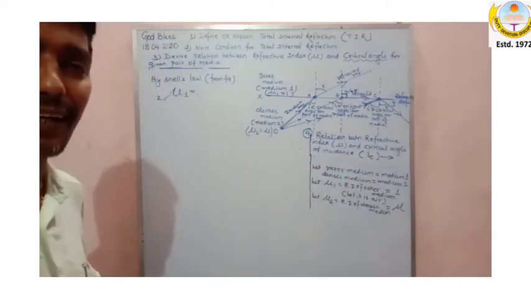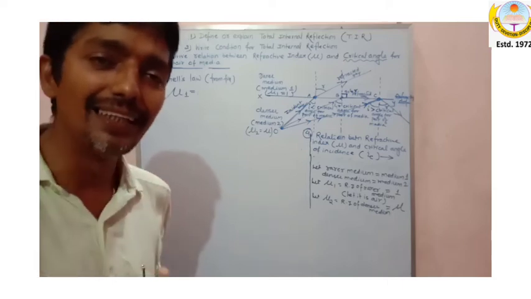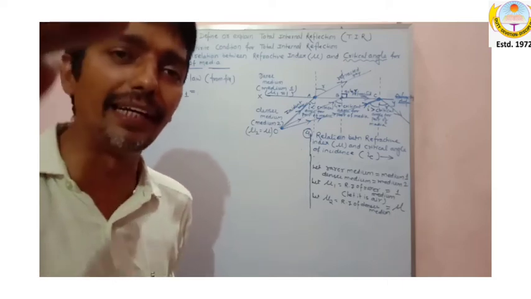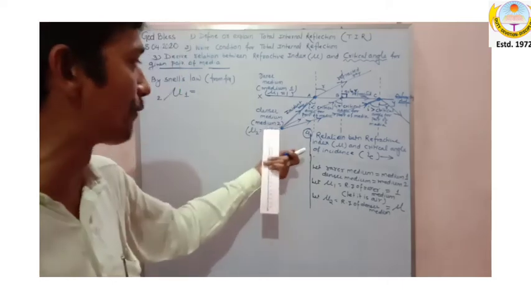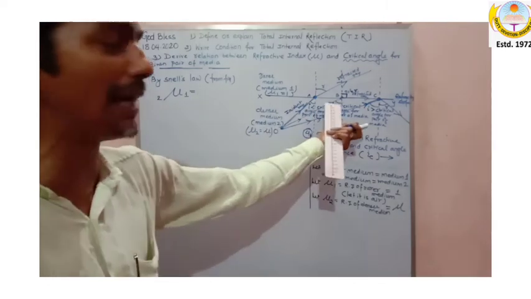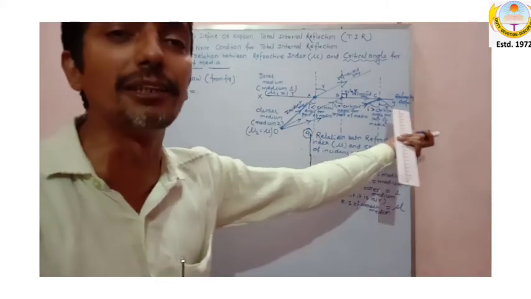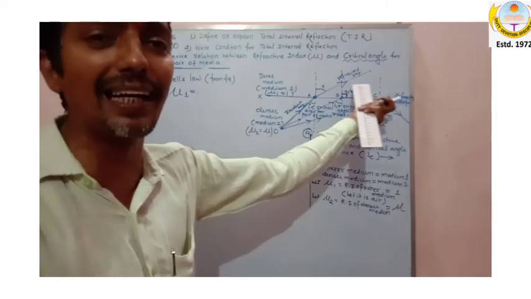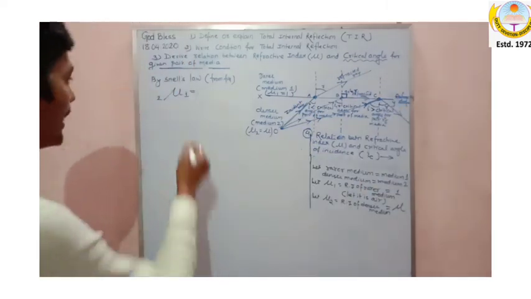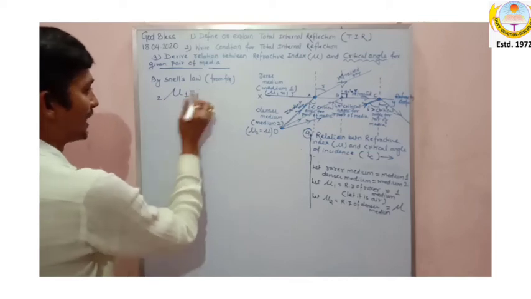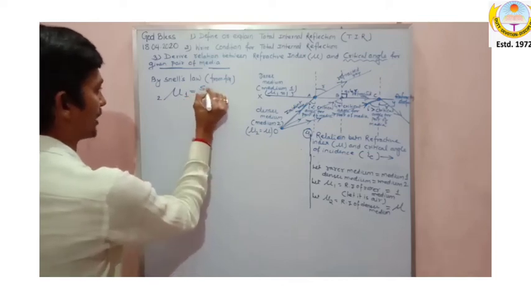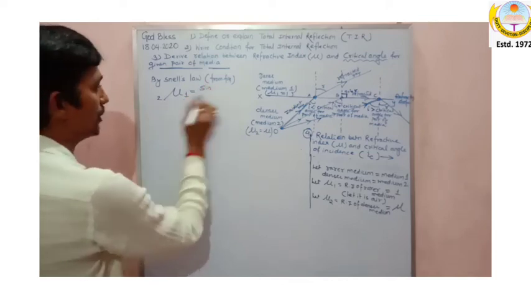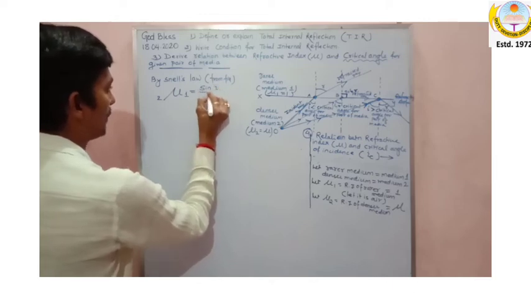The rule is that the angle of the medium the light comes from is written in the numerator. It is coming from medium 2. Which angle is made in medium 2? Sir, angle I. Which angle is made in medium 1? Sir, angle R. So here it will be sin I divided by sin R, written first because light is coming from medium 2.